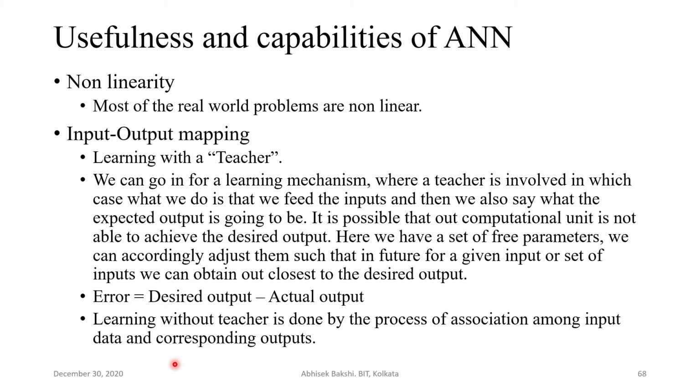Every time we have some desired output, and we get some output from the neural network. Depending on the error, we can adjust those free parameters that represent the artificial neural network, so that ultimately the whole neural network can be learned for future inputs.